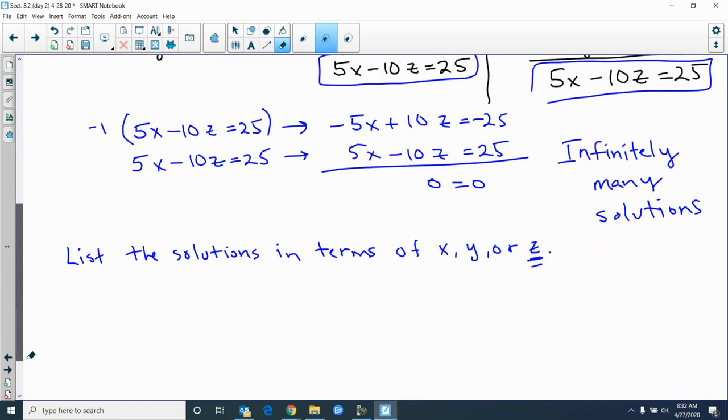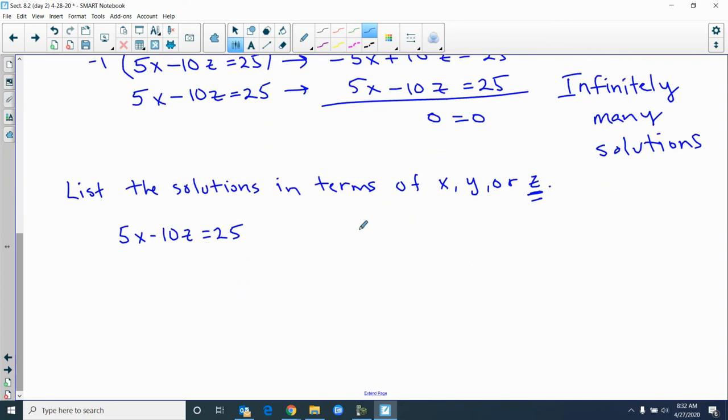So here's what we're going to do. You have to come up with this. You've got to start with one of these final 2 equations. I'm going to start with 5x minus 10z equals 25. And if I'm going to find it in terms of z, I'm actually going to get the other letter by itself. I'm going to get the x by itself, so I'm going to isolate x.